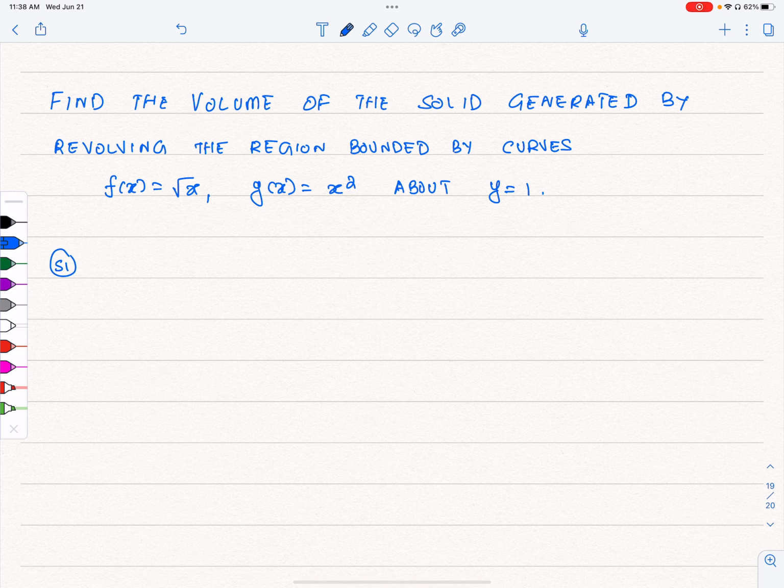So if I graph them, here's my y-axis, here's my x-axis, and let's just say this is the line y is equal to 1, right? And the curve is f of x is equal to root x. It's gonna go something like that.